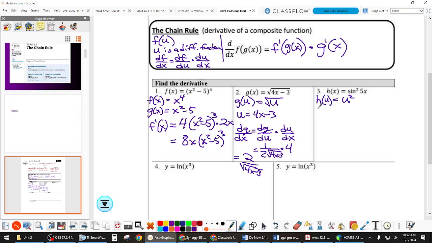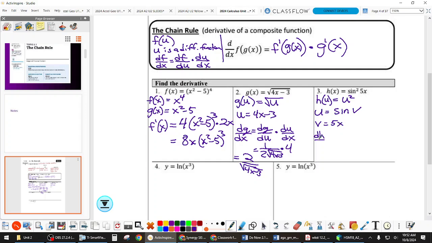I'm just going to pick whatever letters, so, and then u is sine of 5x, and v, actually I need to say sine of v, sine of v, and then v is 5x. I'm still going to do this notation again, okay?